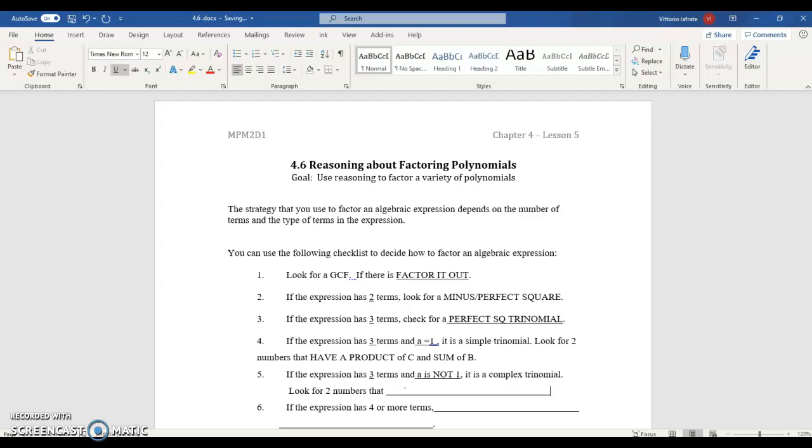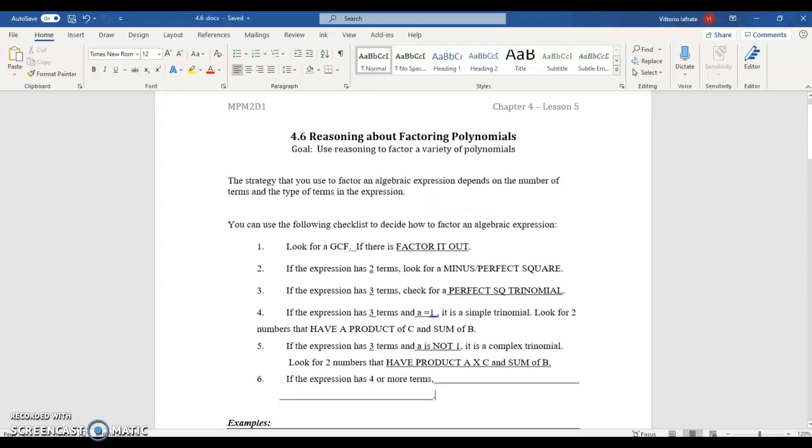And so what you need to do is look for two numbers that have product a times c and sum of b. So hopefully this is sounding familiar and it makes sense to you as we go through it. We've seen these types before.